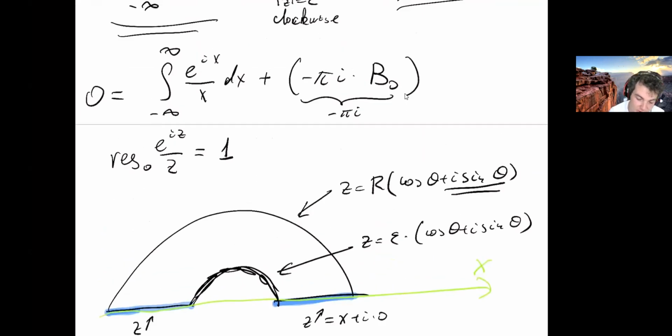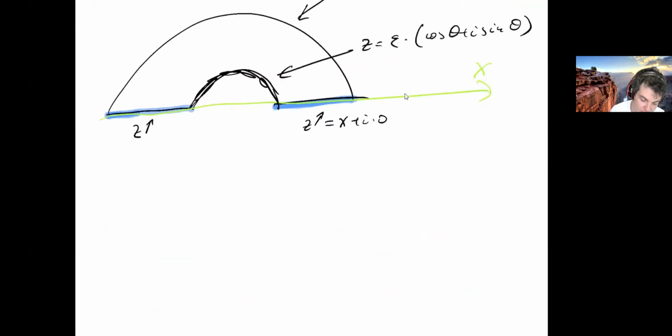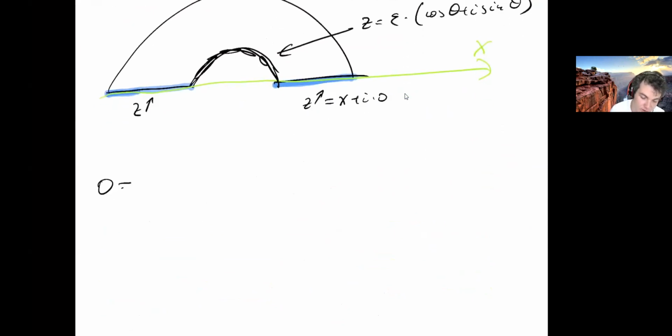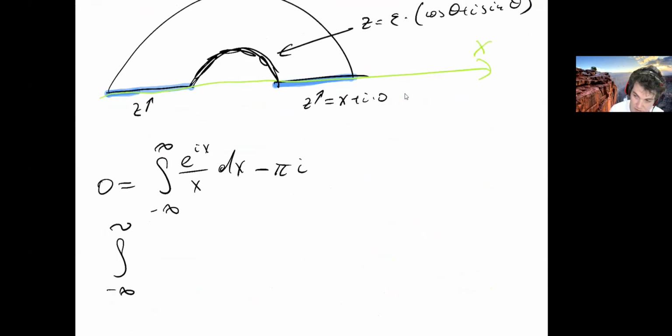Okay, so back here, we figured out that the residue is 1, so we get minus pi i here. So what we got is that 0 is equal to the integral we're looking for minus pi i. So our integral of e to the ix over x dx is equal to pi i.